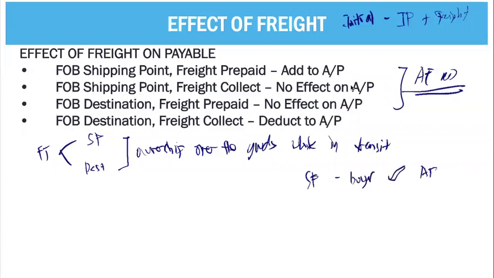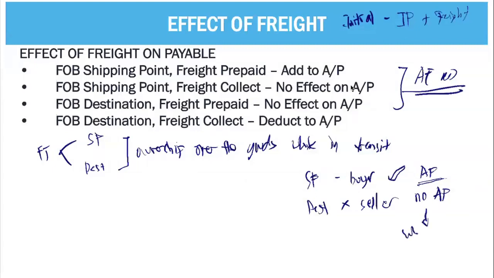Okay? So there is accounts payable. If it is destination, it is owned by the seller. No accounts payable yet. Clear? Okay. Shipping point, it is owned by the buyer upon shipment. So there is accounts payable. Destination, owned by the seller upon shipment, so no accounts payable.